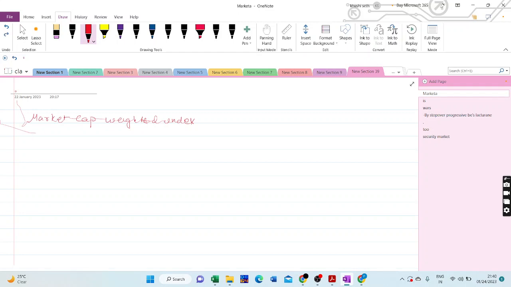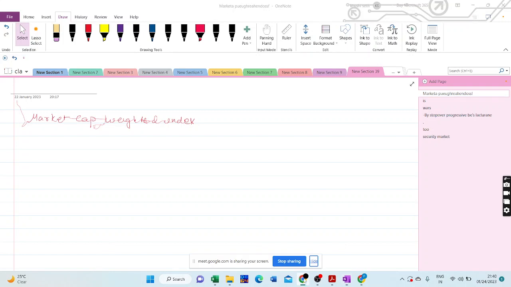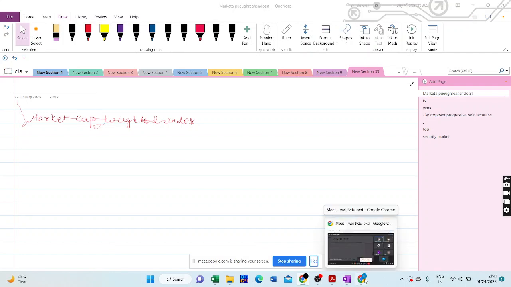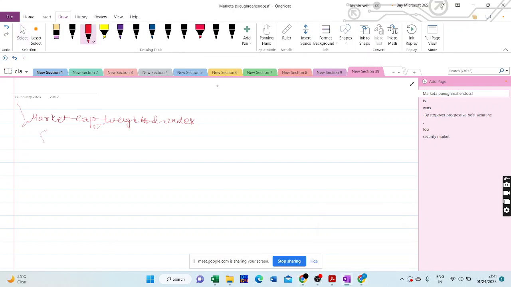Now, how will we calculate the weight of each security in a market cap weighted index? The total value of the market cap in the index will be in the denominator and the numerator will be the market cap of that particular security. So the weight of security A would be the market cap of security A divided by the sum of market caps of all securities in the index, right?